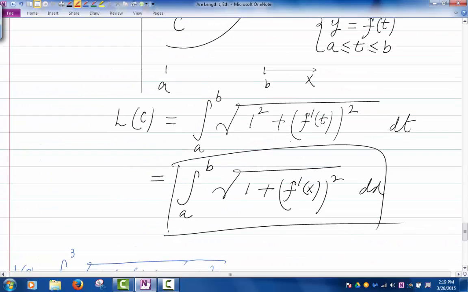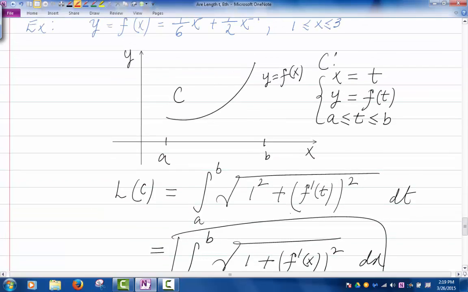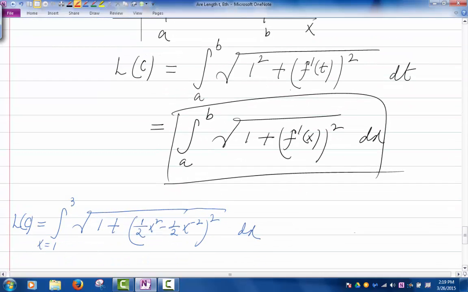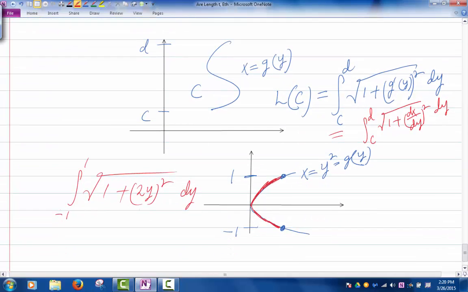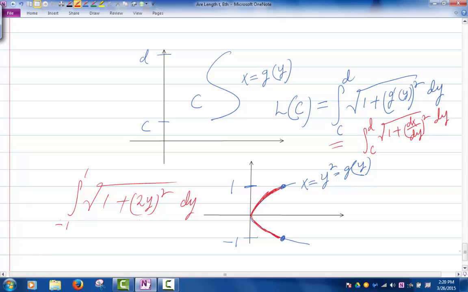In the previous formula that I had, you can write the length formula as the integral from a to b, the root of 1 plus f prime of x, which is dy/dx, squared. f prime of x is dy/dx, and g prime of y is dx/dy. That's the difference, but otherwise, same formulas for both situations.